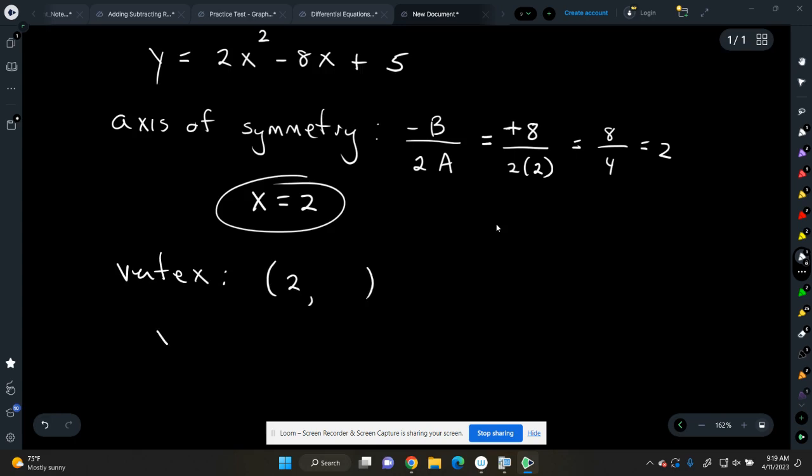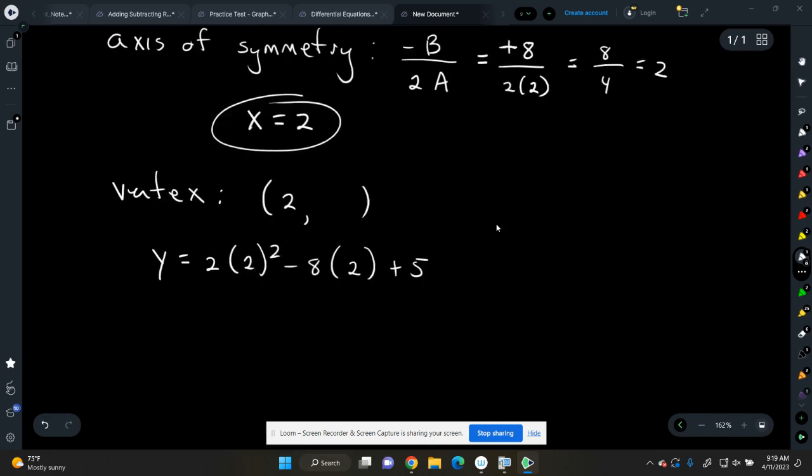Okay, so we've got y equals 2 times 2 squared minus 8 times 2 plus 5. So y equals 2 times 4 minus 16 plus 5. That gives me 8 minus 16 plus 5, which is negative 8 plus 5.